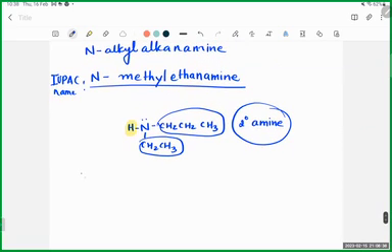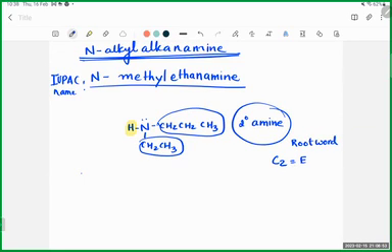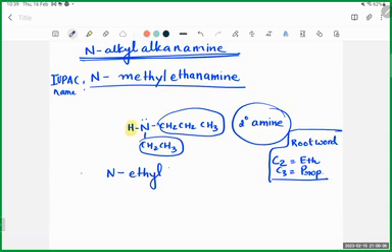So identify, follow the alkyl alkanamine rule and write the name. 2 carbon eth root word. 3 carbon called prop. N-ethyl propanamine. Exactly. Well done.